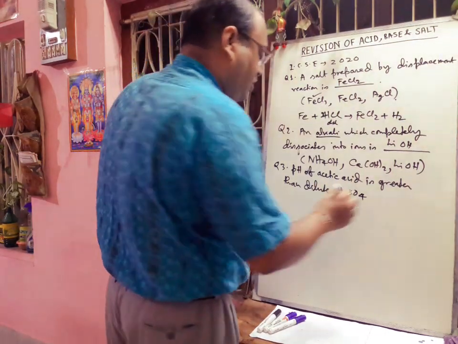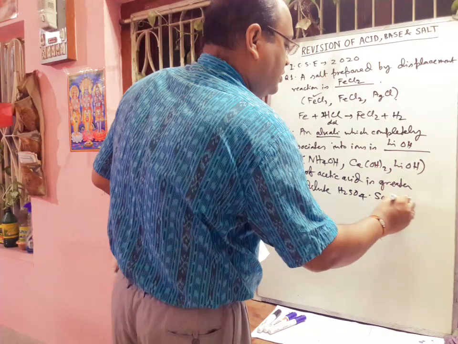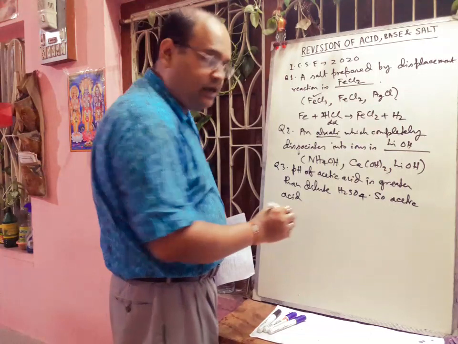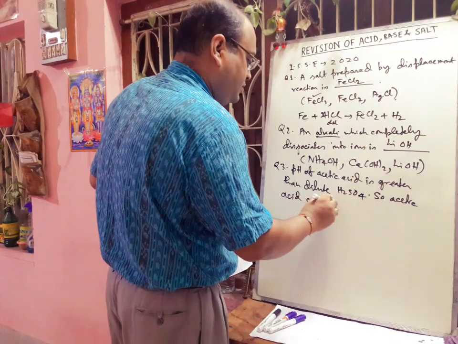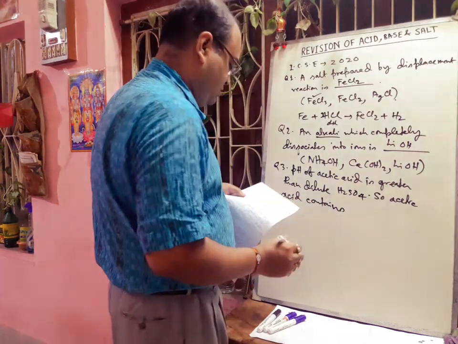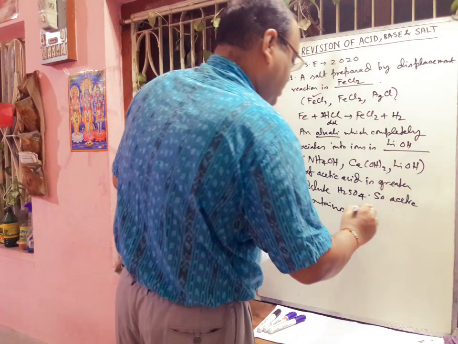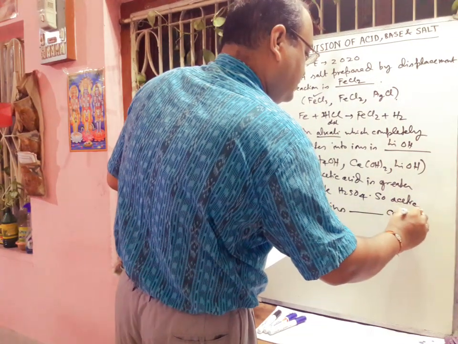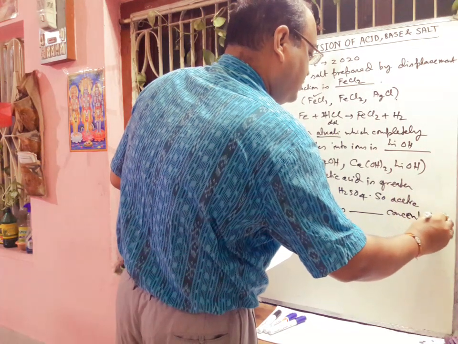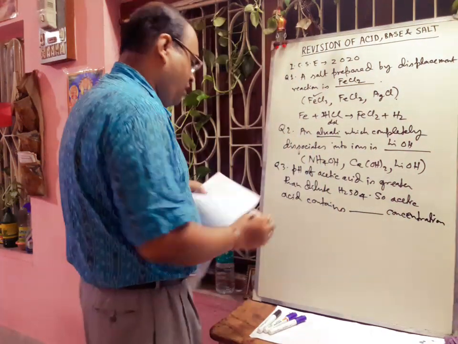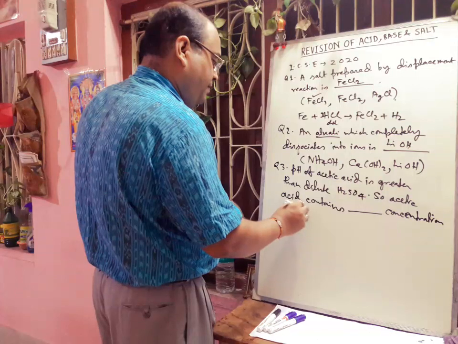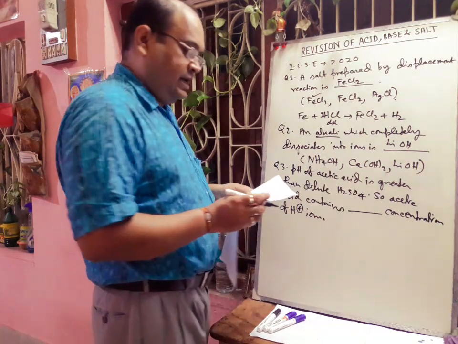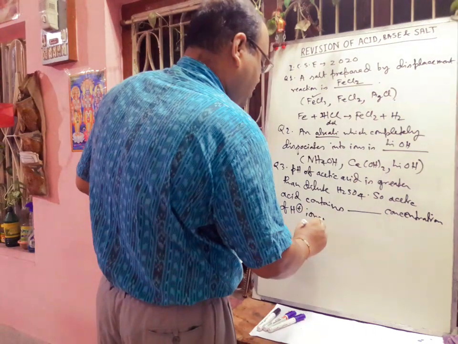So acetic acid contains dash concentration of H+ ions. Options are given: greater, same or low.